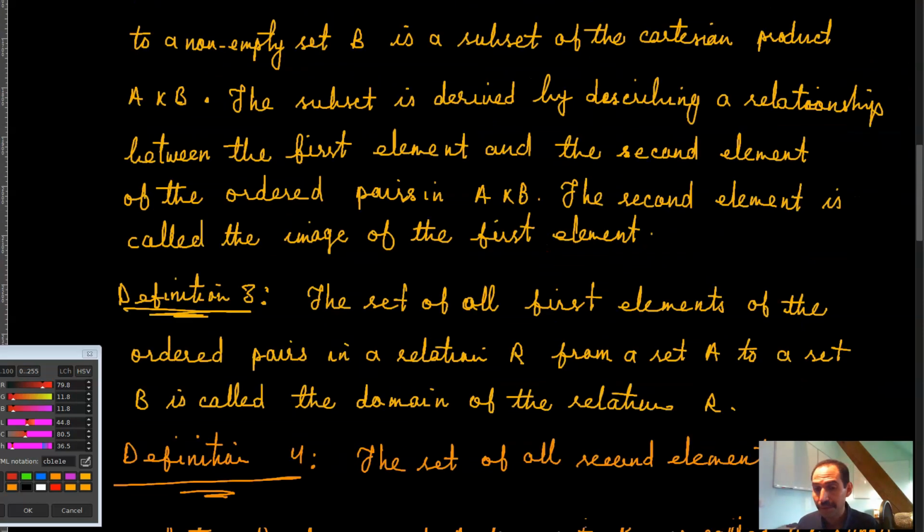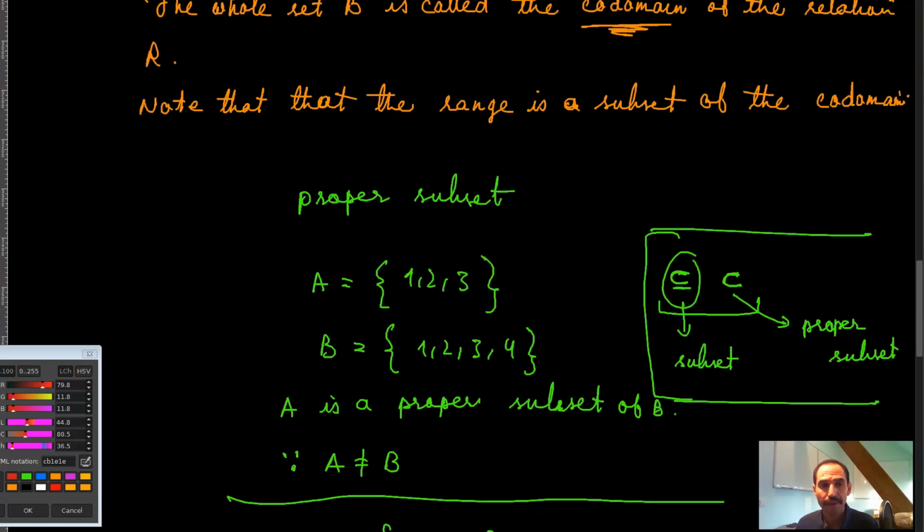Now, as a next point, as a remark, remark number 1, we can say that a relation may be represented algebraically either by the roster method or by the set builder method, which is pretty obvious.